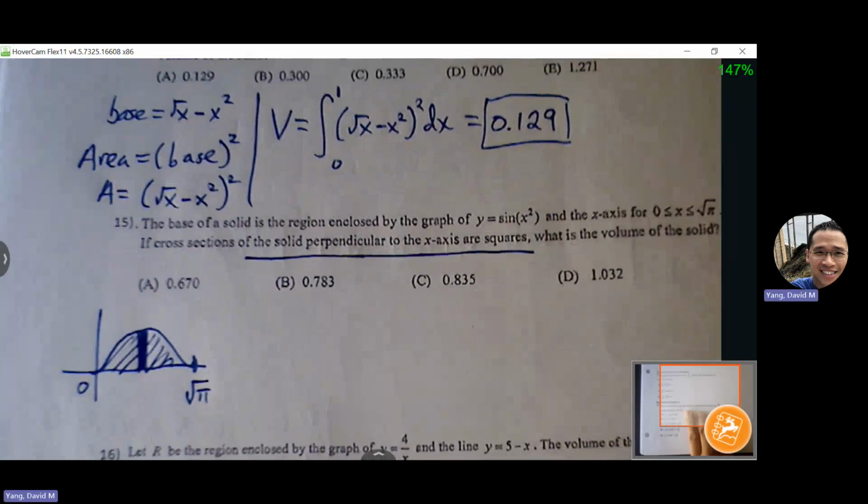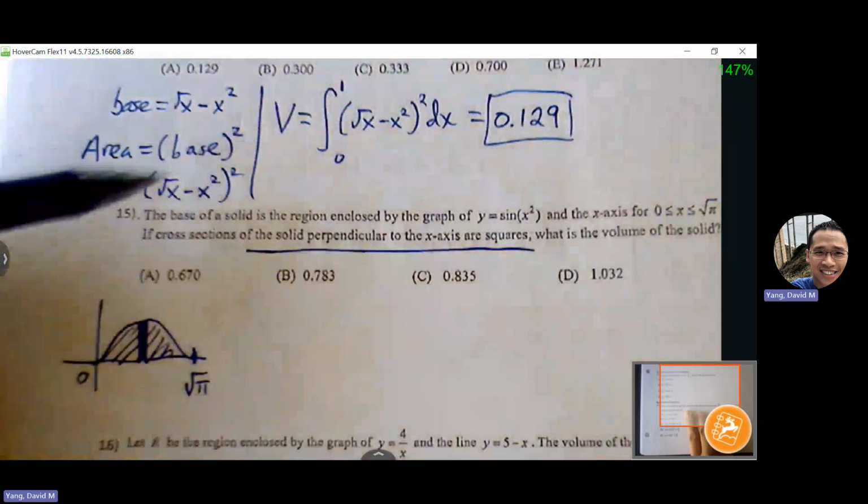Okay, try that. See if you're able to set up, I mean, virtually the identical steps here.